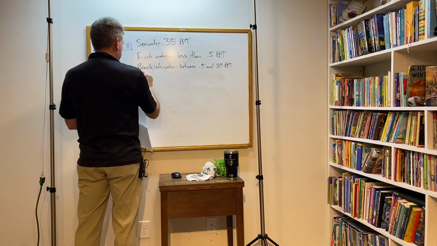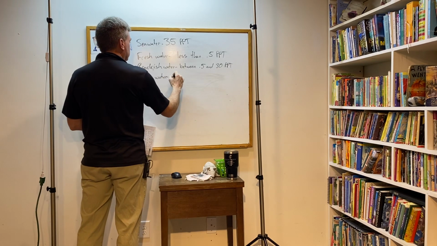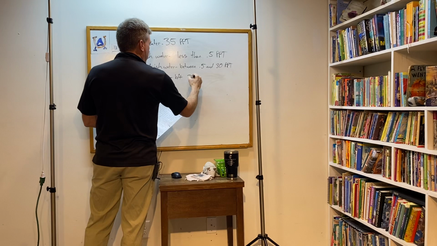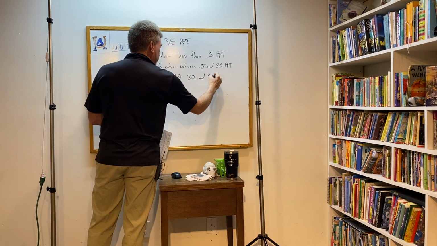Saline water, between 30 and 50 parts per 1,000.